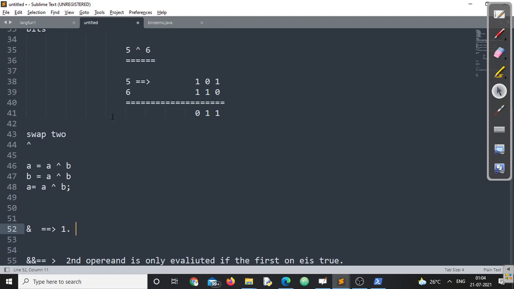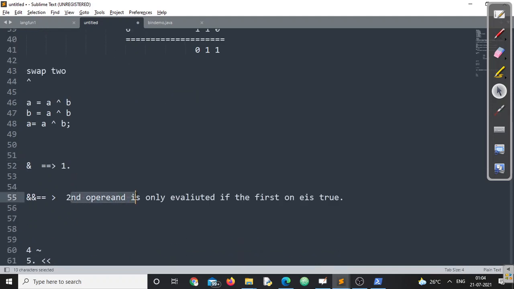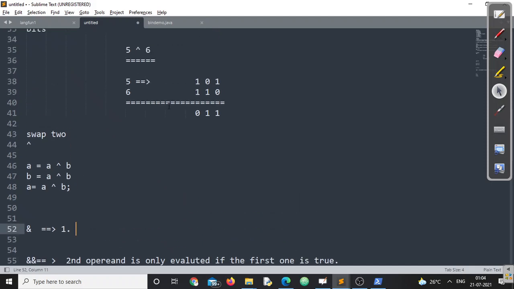Both the operands like 5 and 6, they will definitely be operated. Right, here the second operand might or might not be evaluated. That purely depends on the first operand. We have also discussed this particular one very thoroughly. If the first one is true, but here it doesn't matter whether the first one is true or false, the second one is definitely going to be operated.